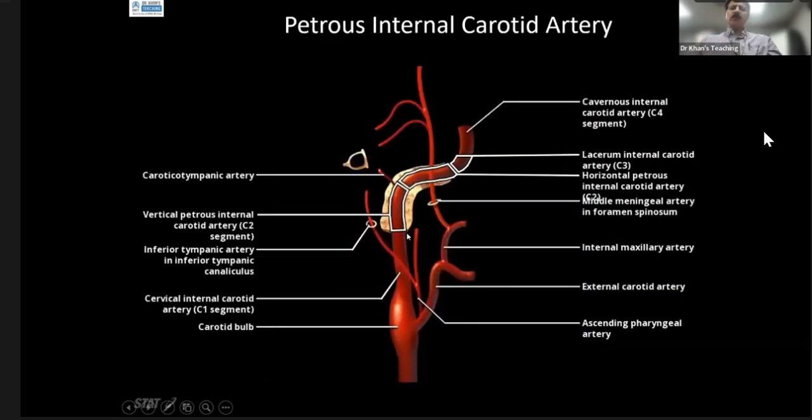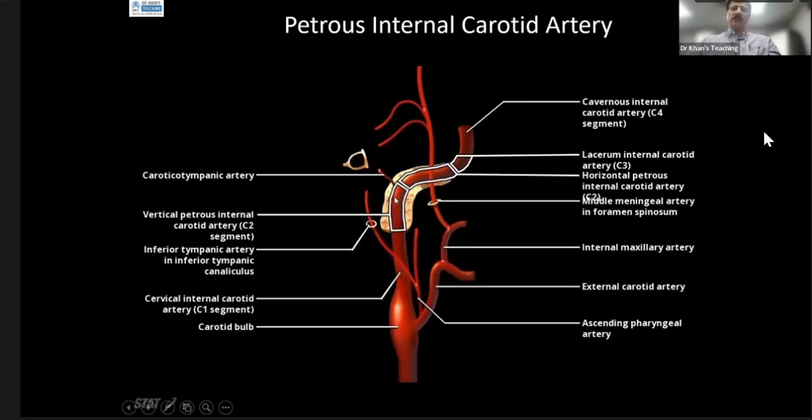Now, just concentrate on what happens with the carotid artery. The carotid artery is coming through the neck. It is the content of the carotid space. It goes into the petrous temporal bone, the pyramid. If you see here, it travels through it vertically, and we will see it on a CT scan shortly.